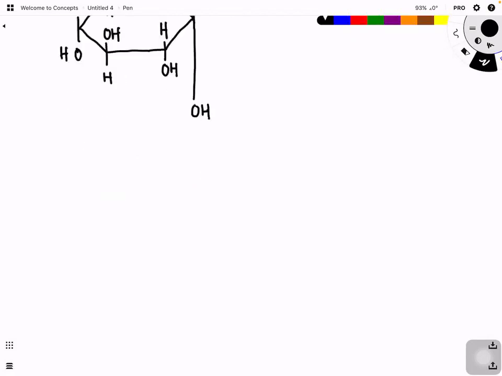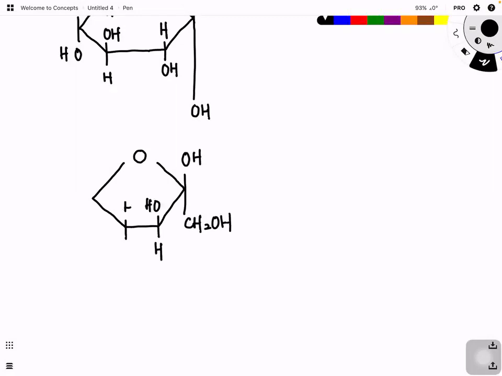Now, beta fructose. O, pentagonal shape. So this is a beta. Beta means the OH is above the ring with CH2OH. Then you have the H, OH, H, OH.